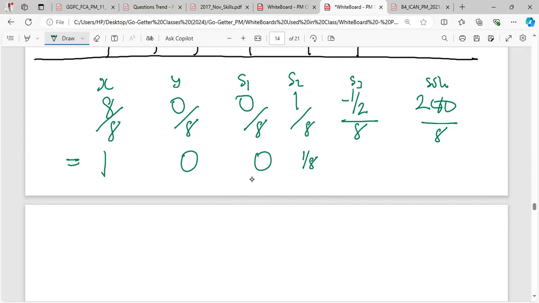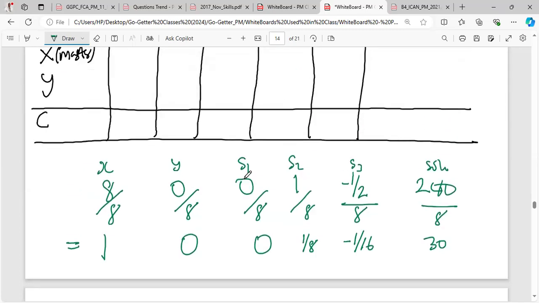Because when we change this divide to times, this is 8 over 1 becomes 1 over 8. So 1 over 2 times 1 over 8 will give me, this minus already, minus 1 over 16. Then here is 30.